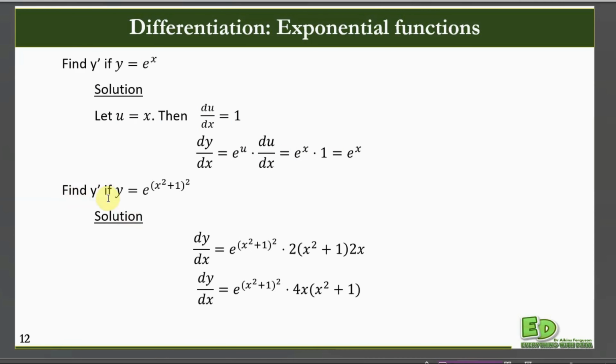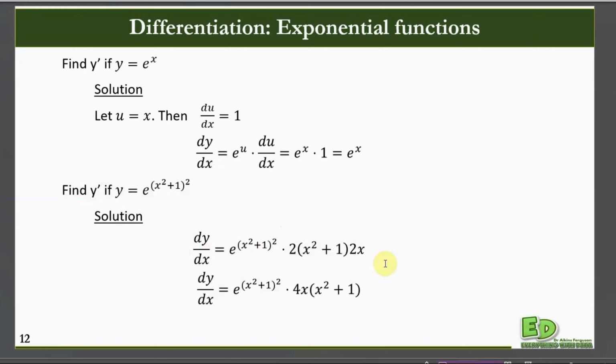Find y prime if y is equal to e to the power (x squared plus 1) all squared. Keep the function as it is, right? dy over dx, keep the function as it is, multiplied by the differential of what is on top of the e, which is (x squared plus 1) all squared, becomes our u.